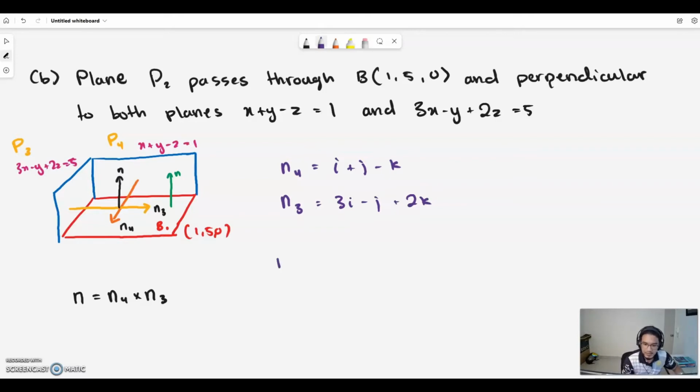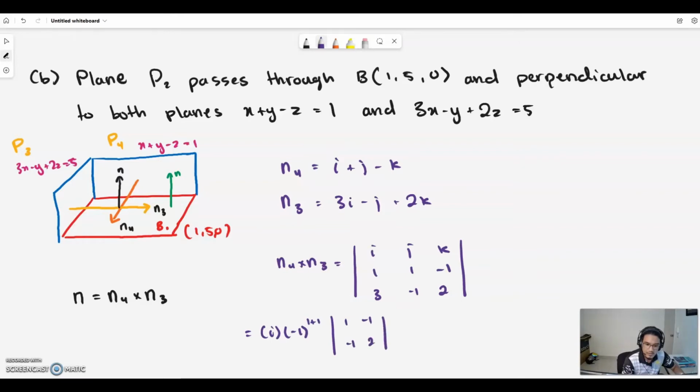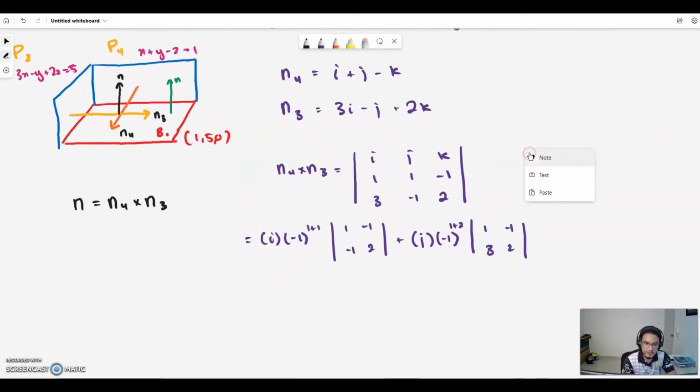Alright, and then we do n4 cross n3. Right here we have i, and plus k.